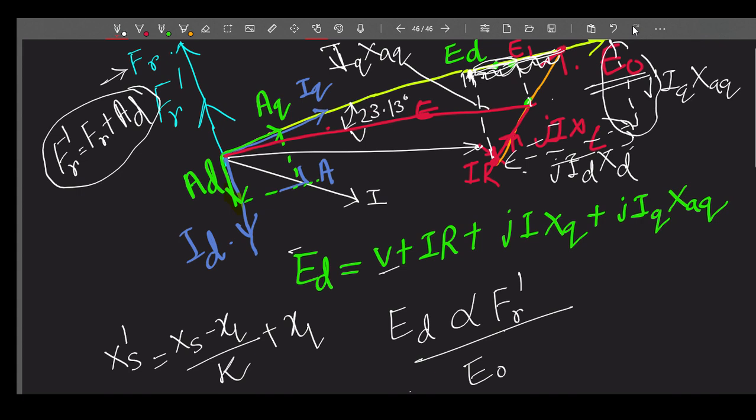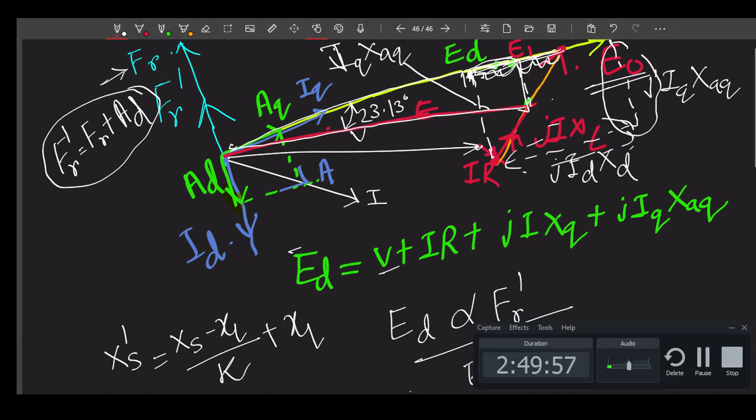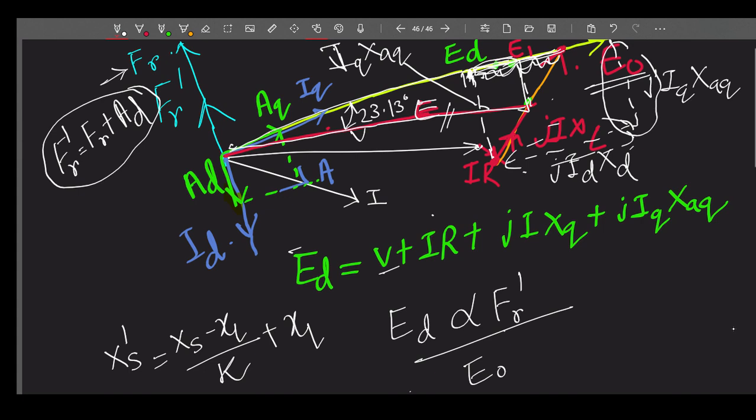Once we figure out this angle, we can take this right angle triangle, and instead of doing such complicated things like V plus IR plus jIQ XQ, we can do it more smoothly from this triangle. This E is its hypotenuse, and this ED is the base.